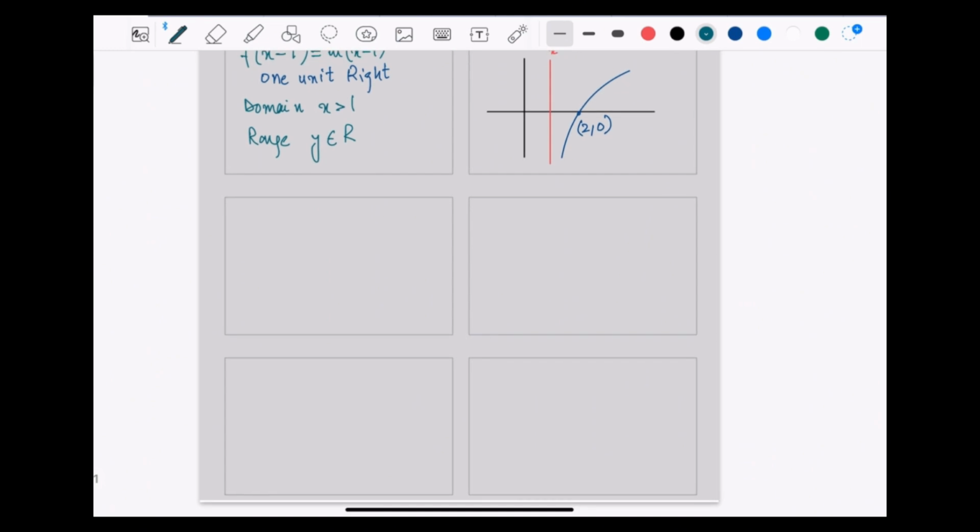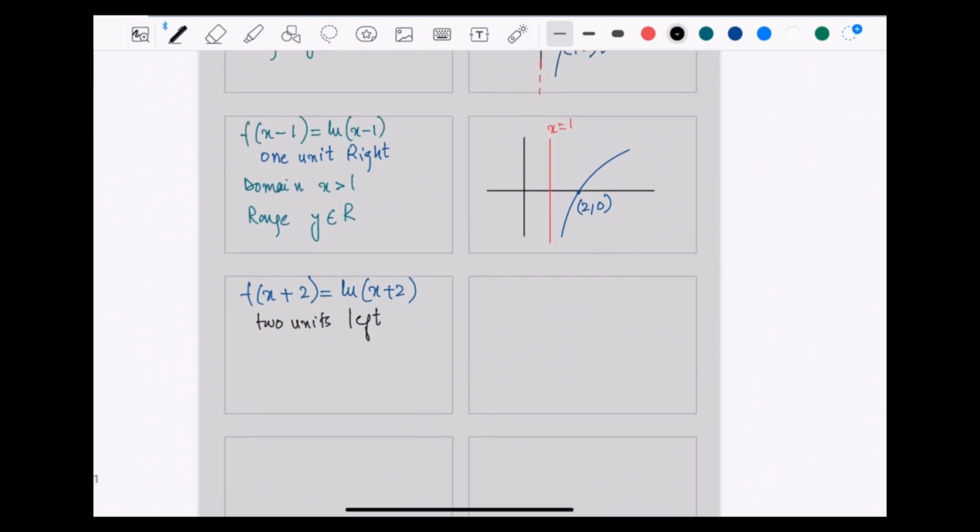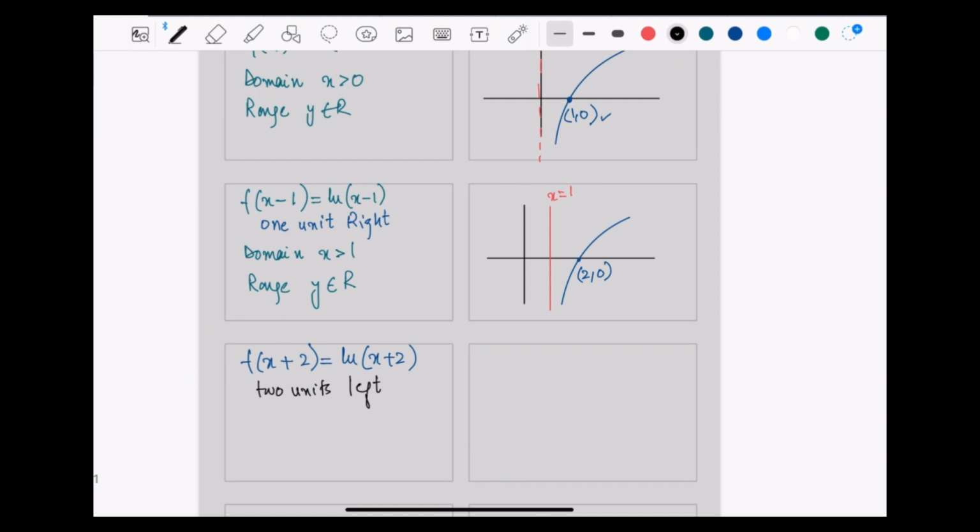If I say f of x plus 2, I can write this as ln of x plus 2, and this means that the function is moving 2 units left. So the original function, our parent function, is now going to move 2 units to the left.